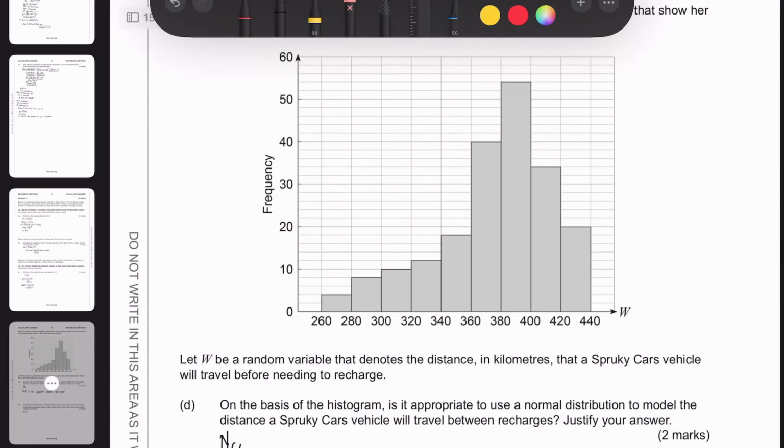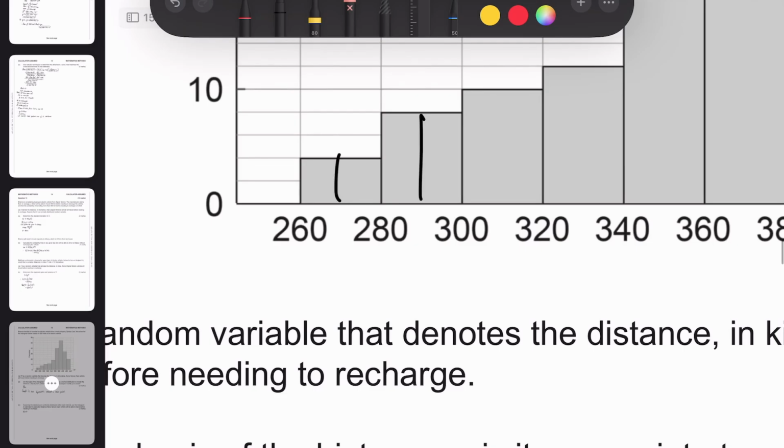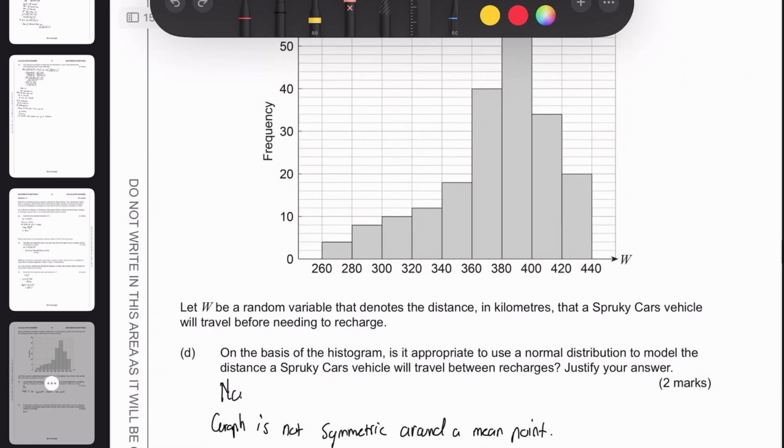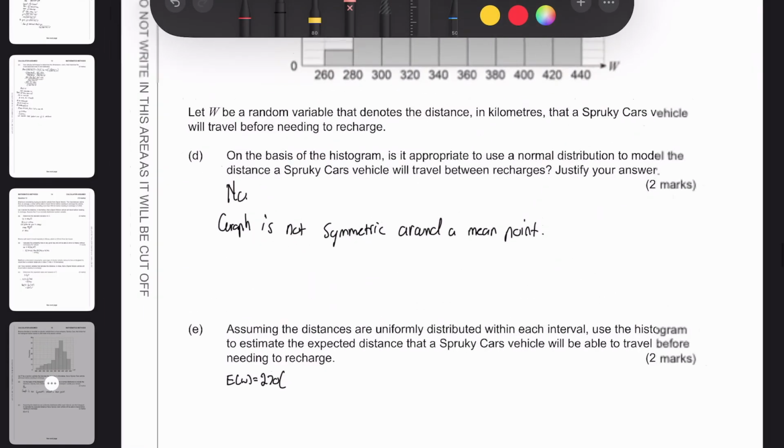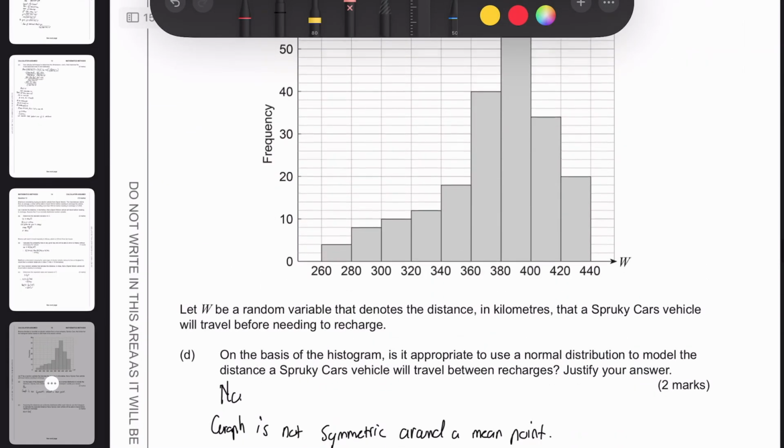The midpoint of this is going to be 270, 290. Okay, so 270 times, now it said there were 200, right? Okay.